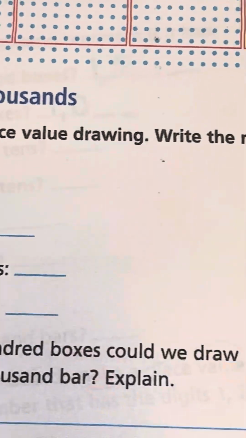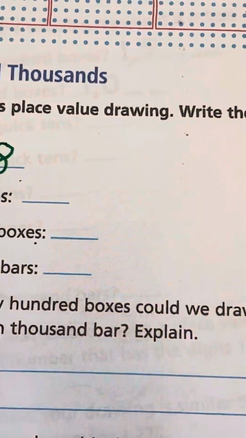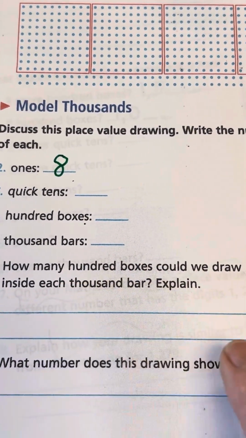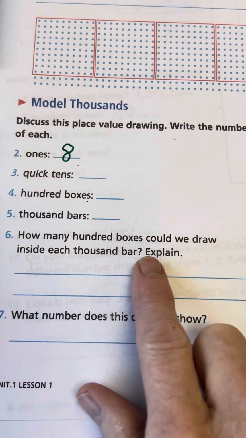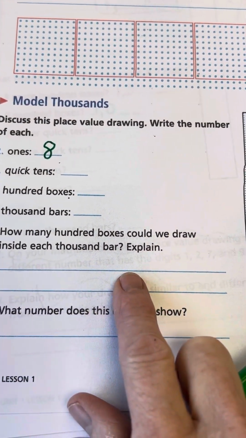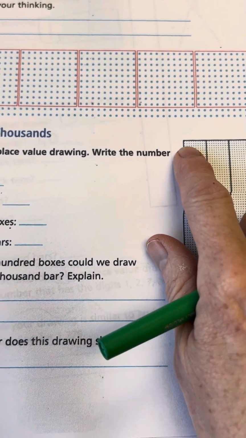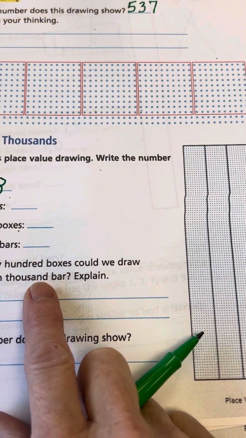Here you're going to count the number of quick 10s, so you're counting the number of lines. And you're going to write that here, and you're going to finish for hundreds and thousands. Here it asks how many 100 boxes could we draw inside each 1,000 bar. So we know that there are 100 dots inside of a 100 bar.